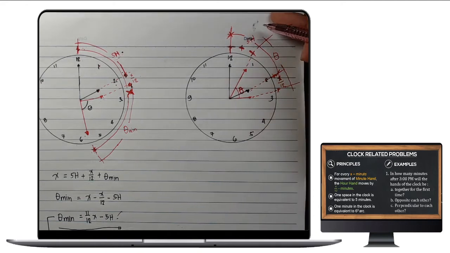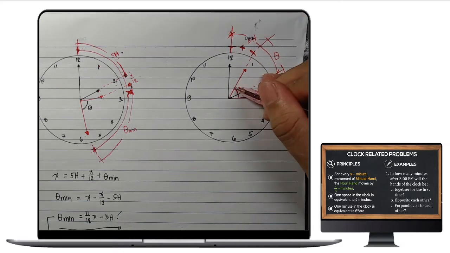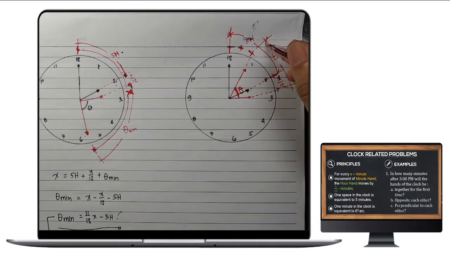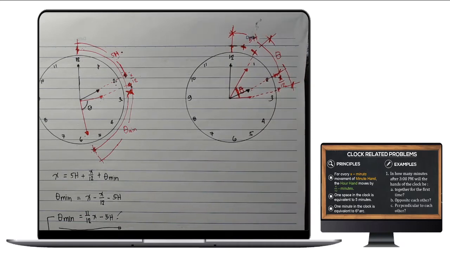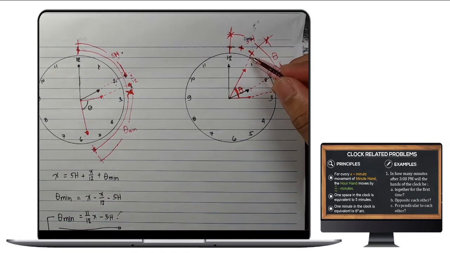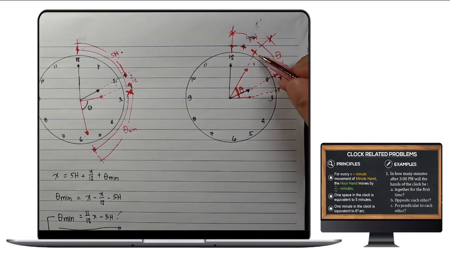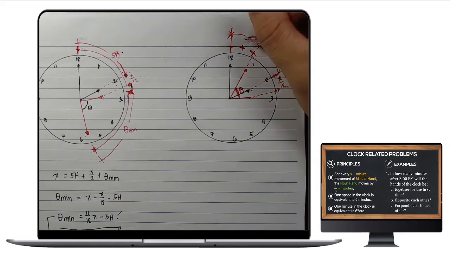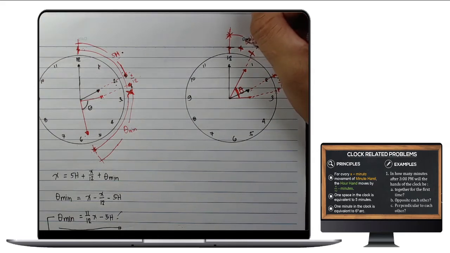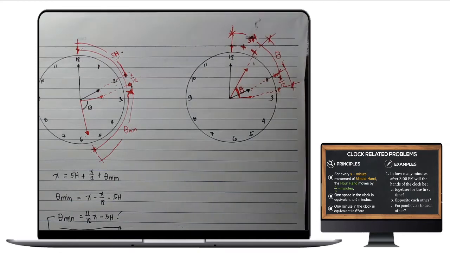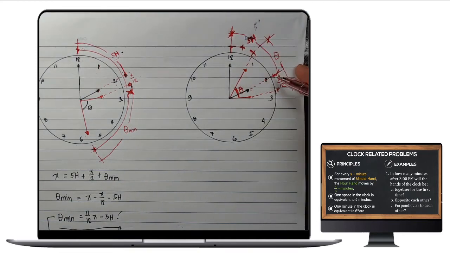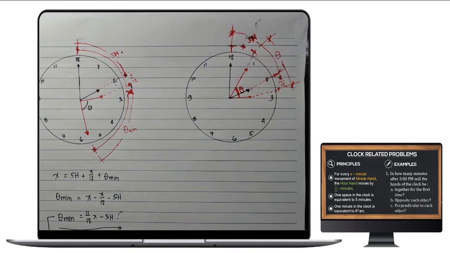Then, yung theta natin, pagitan ni minute hand and the hour hand. So, itong malaking to, that is our theta. Then, we have our 5h, yung initial position ng ating hour hand, from this point hanggang doon sa o'clock mark. So, this is your 5h.